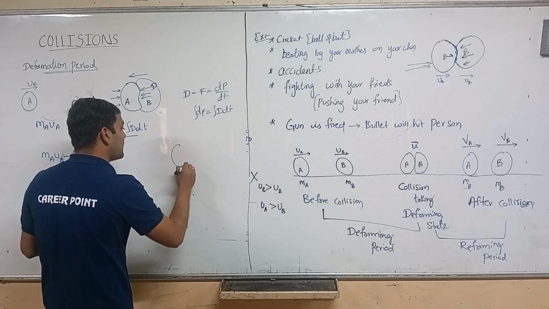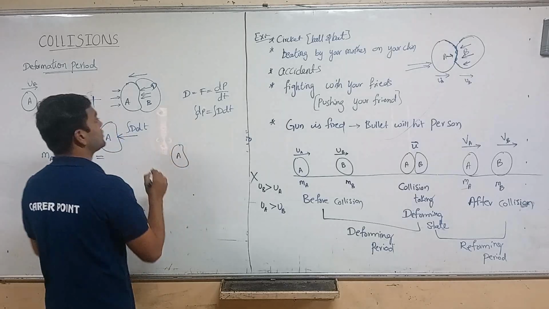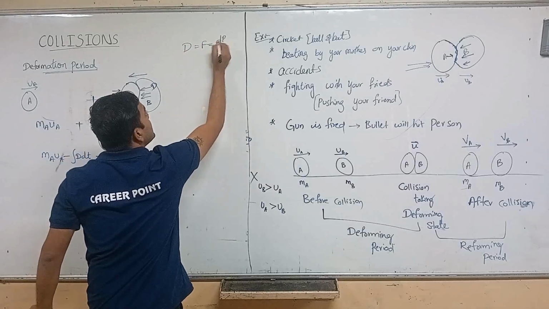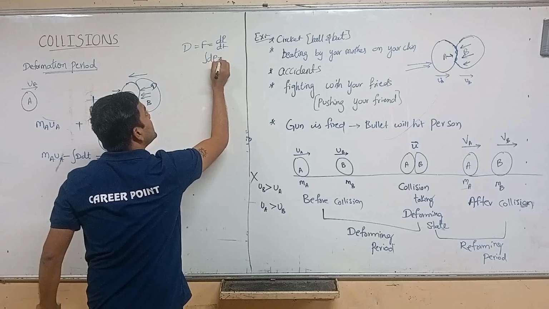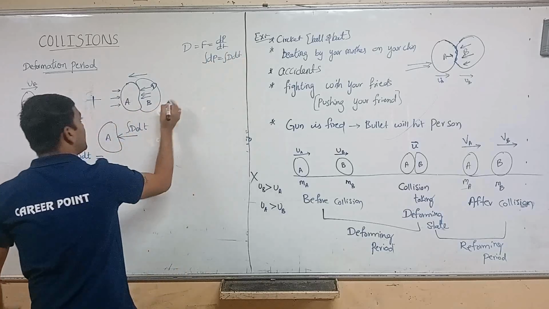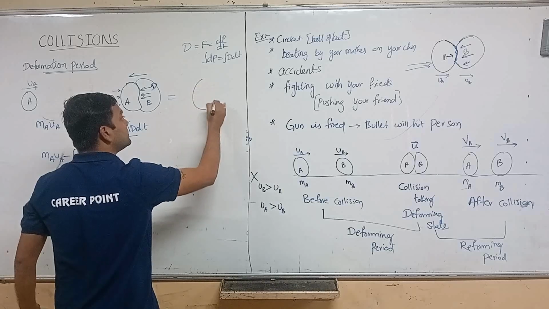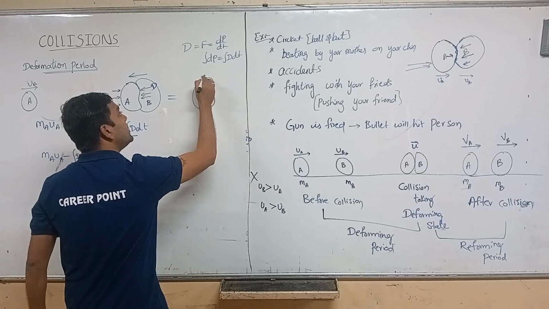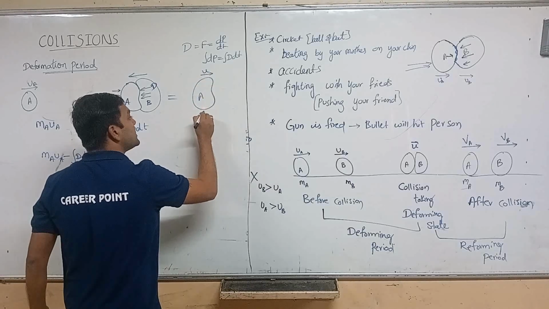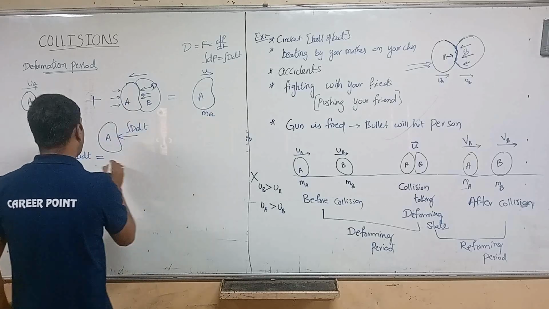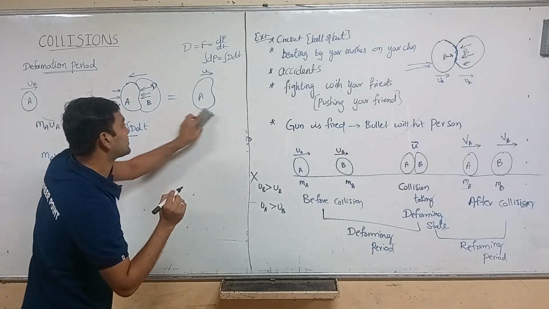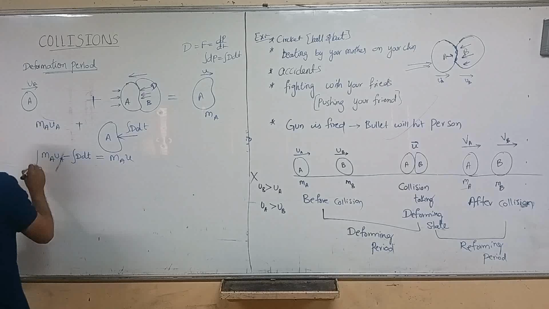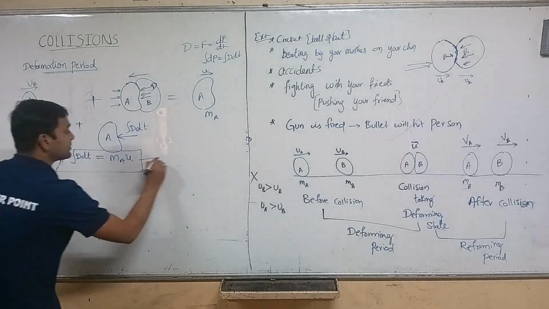After this, the A will be like this. So F is equal to dp by dt, and the integration of dp is equal to the integration of F dt. For this object the resultant will be moving with a certain velocity u, and this is MA. So the resultant will be MA u. Let us take this as my equation 1.